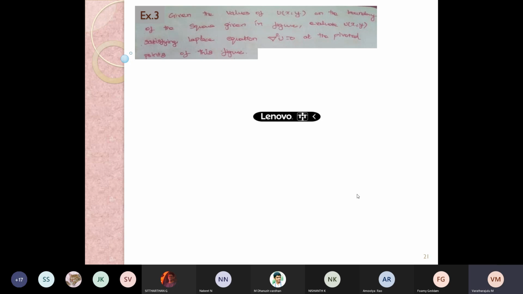Try to solve this problem: given the values of u of x comma y on the boundary of the square given in the figure. Evaluate u of x comma y satisfying Laplace equation del square u equal to 0 at the pivotal points of this figure.